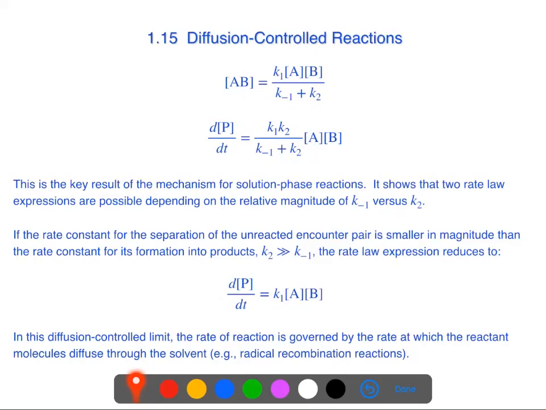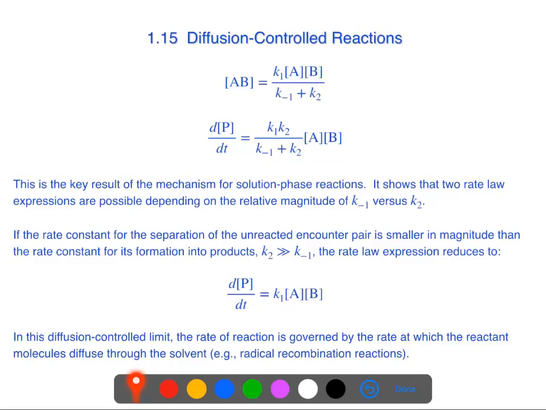So we're left with a quotient of rate constants, K1 K2, all over the sum of K-1 plus K2, all multiplied by the concentrations of A and B. And so K effective is going to be equal to that quotient of rate constants. Now we have a rate expression that describes the rate of product formation in terms of our initial reactants.